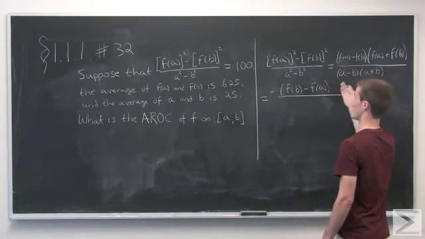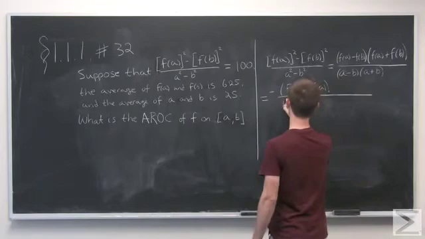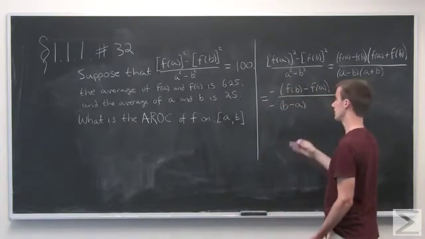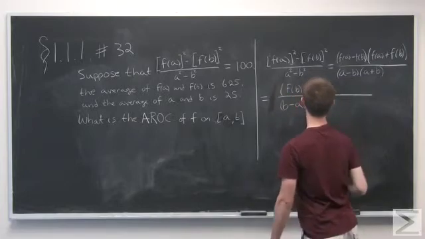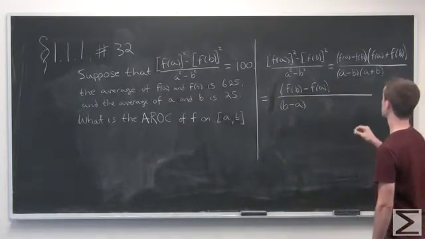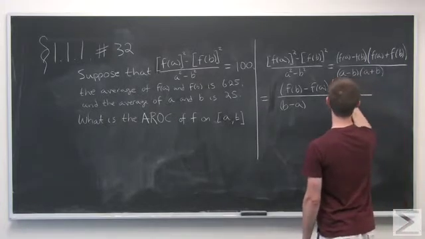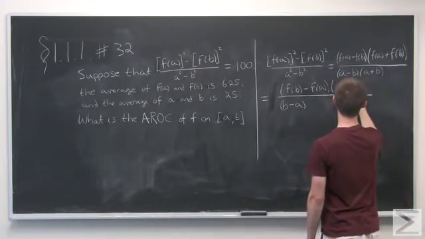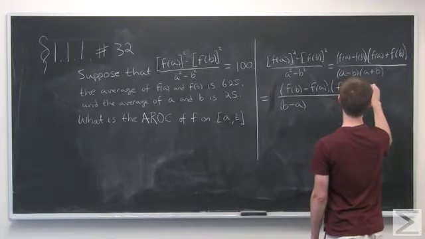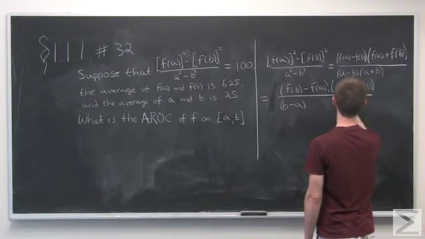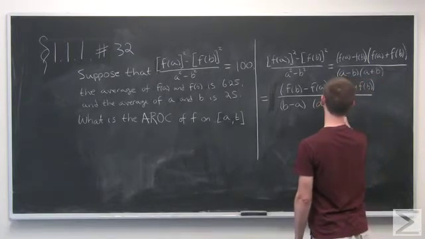And similarly, if we do that on the bottom, this is b minus a, we end up with another minus sign, and it cancels out. So that leaves us with, over here, f(a) plus f(b) all over a plus b.